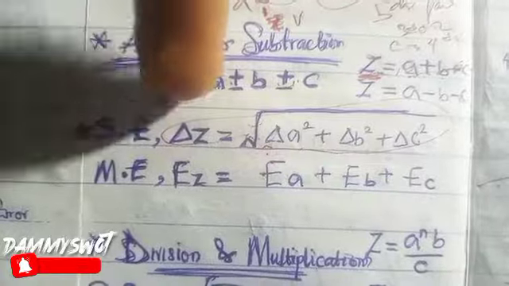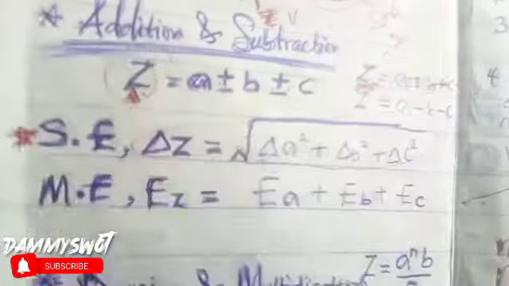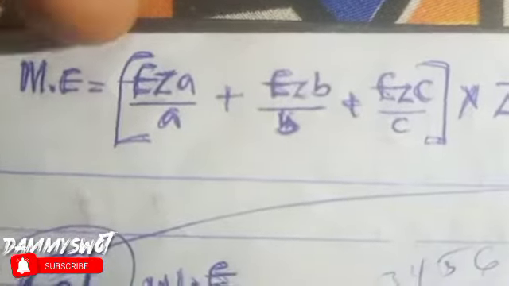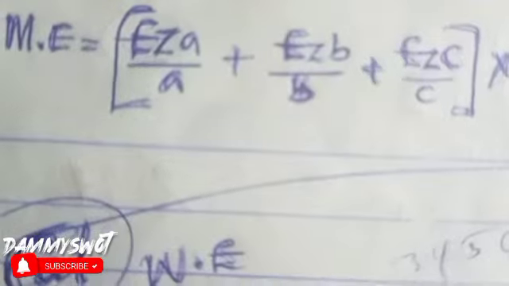ME, maximum error. So all the explanation of the process still remains the same. Division and multiplication of maximum error is still almost the same. Are you getting it now? It's just this z here that will change as well.